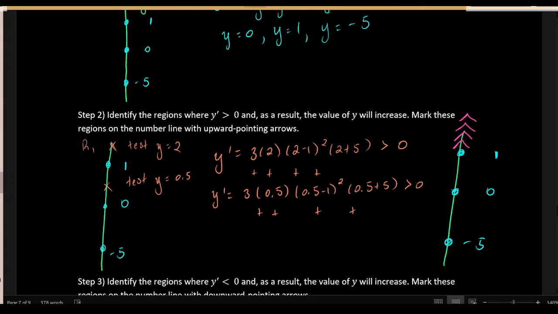So I'm going to decorate our phase chart with upward pointing arrows between 0 and 1. What this communicates is that if the value of y ends up between 0 and 1, then the y value is going to increase. It's going to increase until it reaches the stationary point of y equals 1, and then it's going to stop.